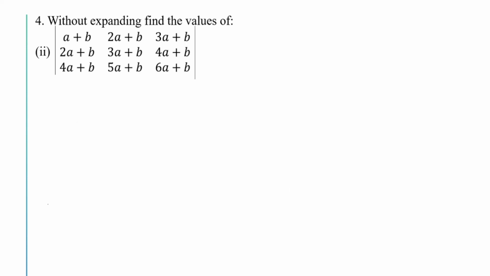The next one, without expanding, find the value of the determinant of a plus b, 2a plus b, 3a plus b, then 2a plus b, 3a plus b, 4a plus b, then 4a plus b, 5a plus b, and 6a plus b.